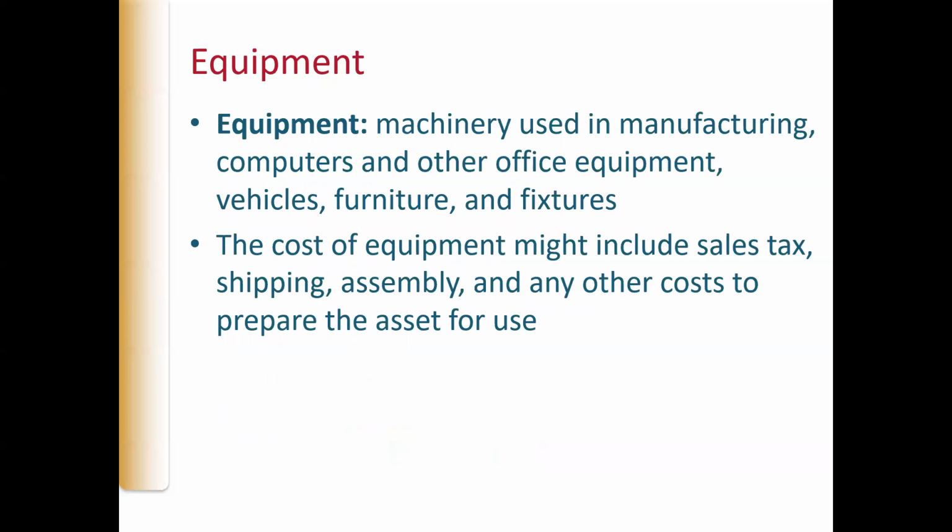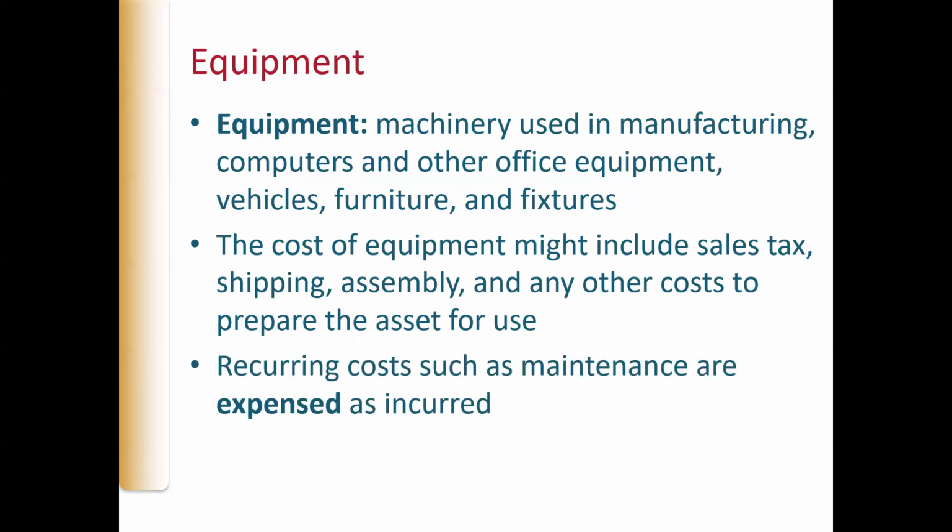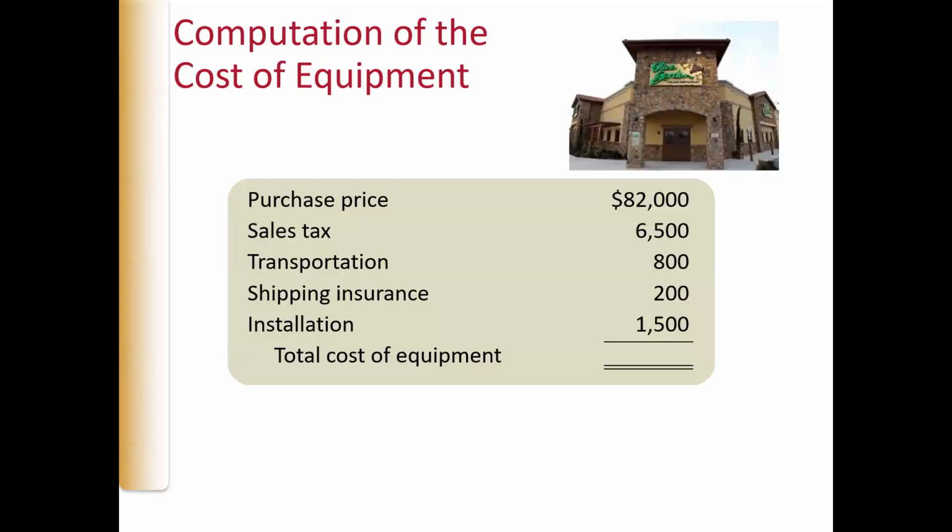To include the cost of the equipment, we would add to that if sales tax is needed, any shipping or assembly, any cost that will get that asset ready for its intended use. But again, those costs that will occur each year get expensed on the income statement.